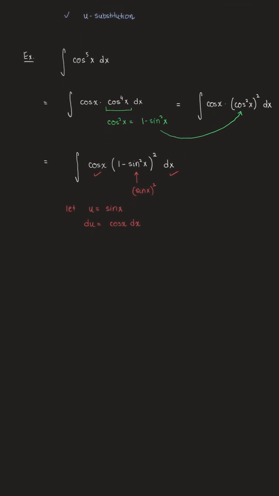And so that's going to be the integral of, I'm just going to deal with this part right now, 1 minus u squared, and that's getting squared since u is sine. And then the part that's left, this cosine x dx, well, that is exactly our du. So for cosine x dx, I'm going to just write du.